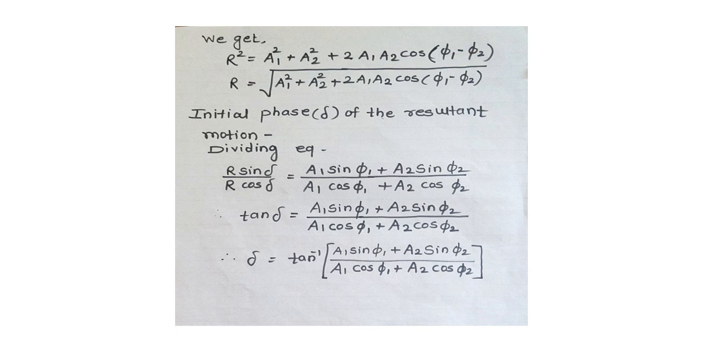Now r equals root of a1 square plus a2 square plus twice a1 a2 cos(phi 1 minus phi 2). This is the expression for the resultant amplitude r.